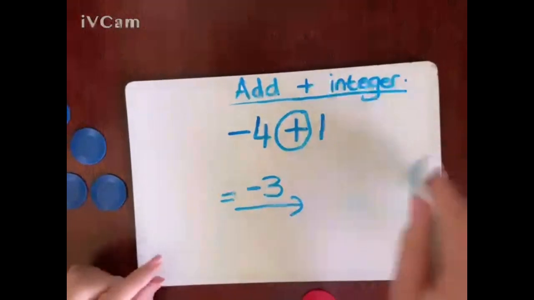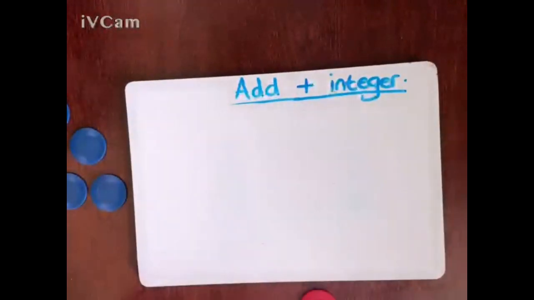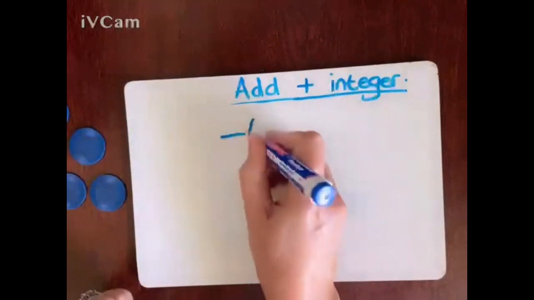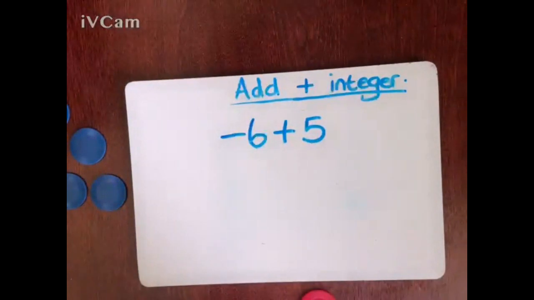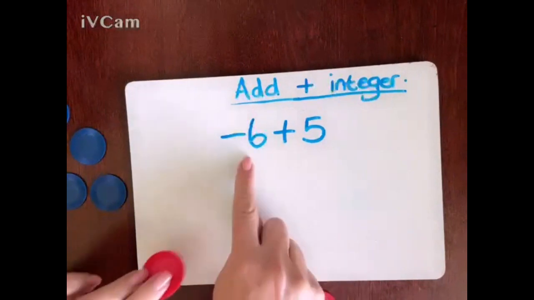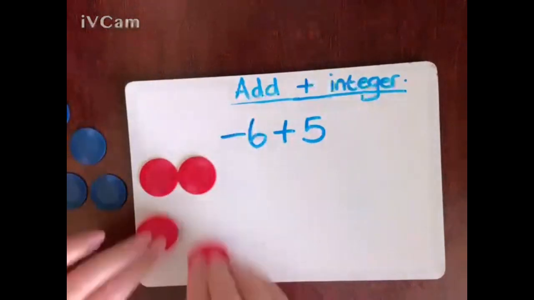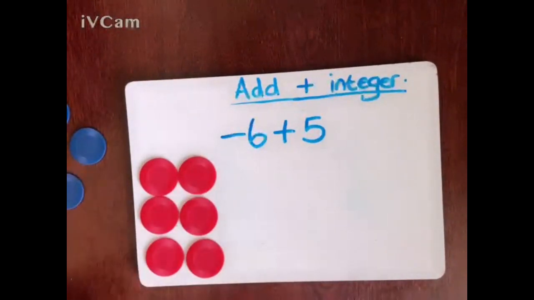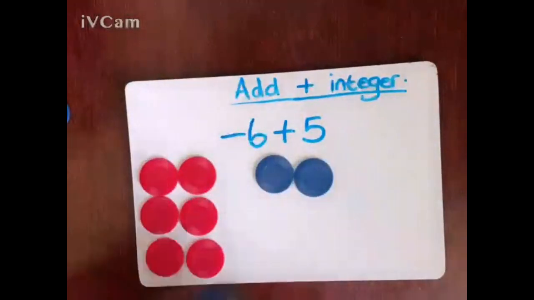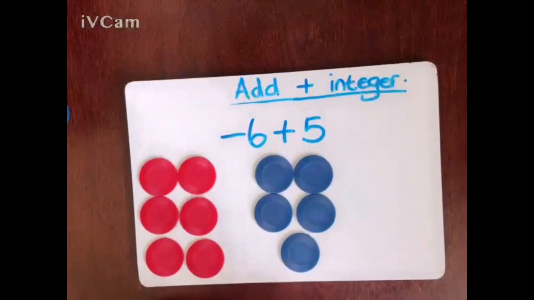Right. Let's just model one more. I'm going to add -6 to 5. So what is the situation? It means you add 6 negative discs to 5 positive discs. So model the situation. 6 negative discs. You are adding 5 positive discs. Right? How am I counting this?